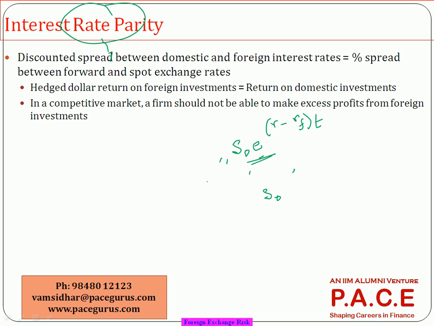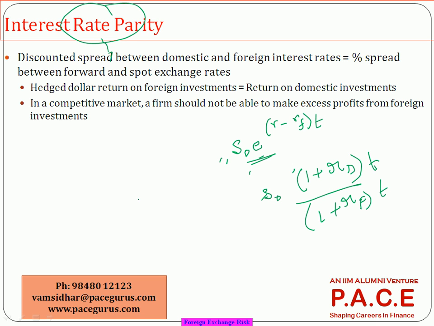Here some other book is being used for discussing the same interest rate parity. It doesn't matter. The values don't differ too much. 1 plus R domestic by 1 plus R foreign into T. You remember only one formula. It does not matter at all. Both of them will lead to the same.